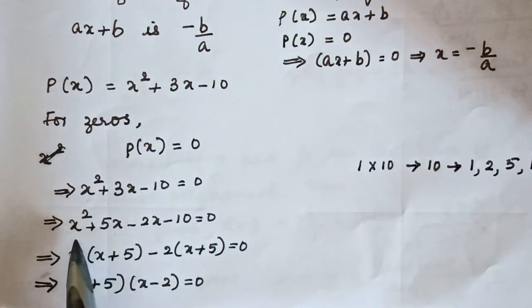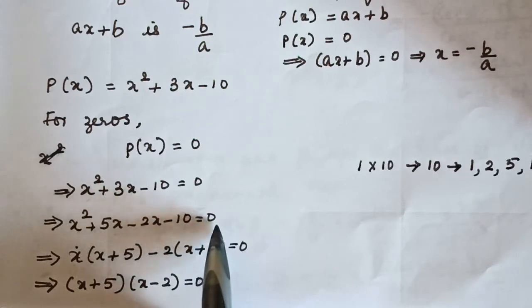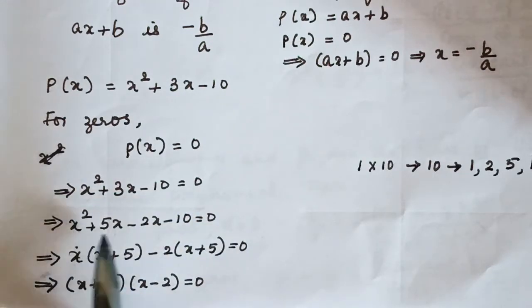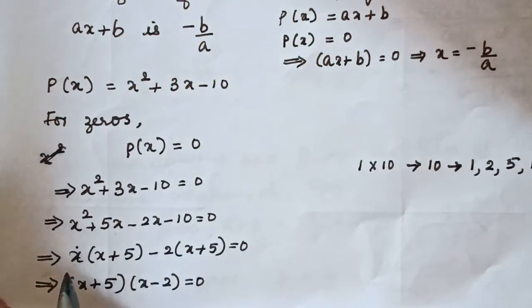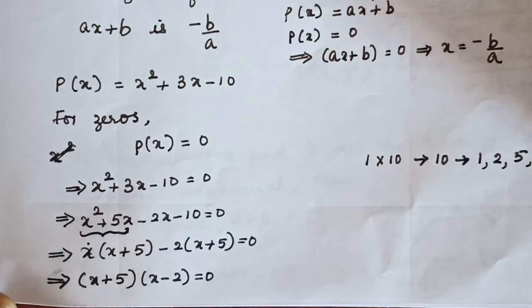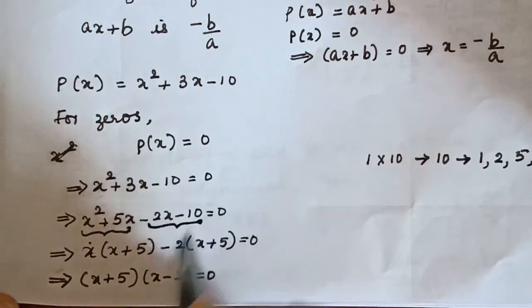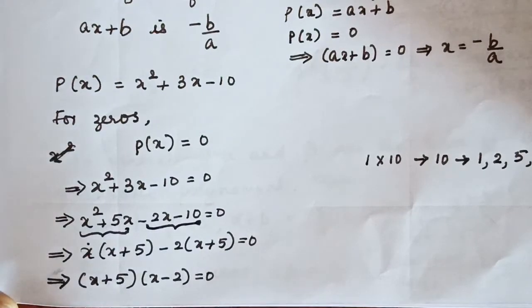So here it will be x squared plus 5x minus 2x minus 10 equal to 0. Now here we can see that 4 terms are there. Now what we have to do is, from these two terms we will take the common factor out, and then from these two terms we will take the common factor out.